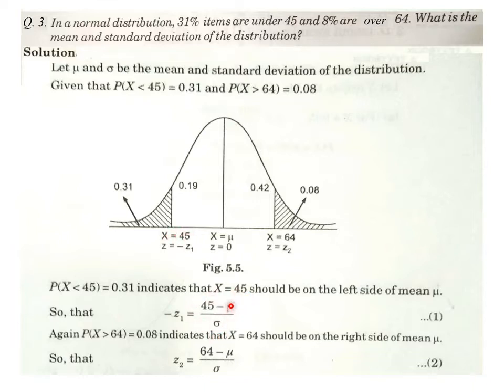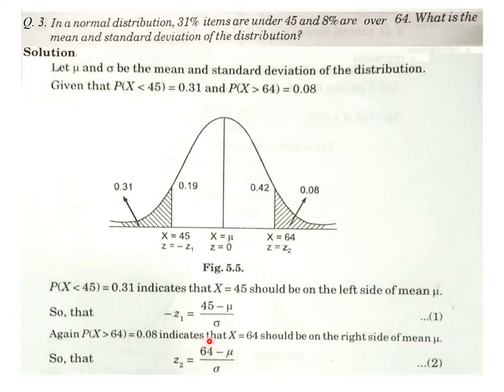Mu and sigma are unknown, which we have to calculate. At the other point z equals z2, so z2 equals 64 minus mu upon sigma. So those are equations 1 and 2. Now what is required?